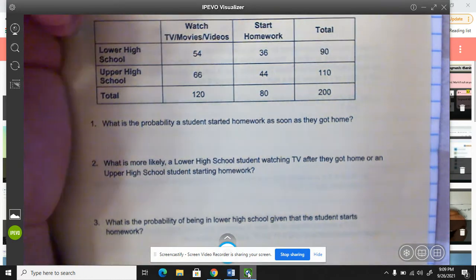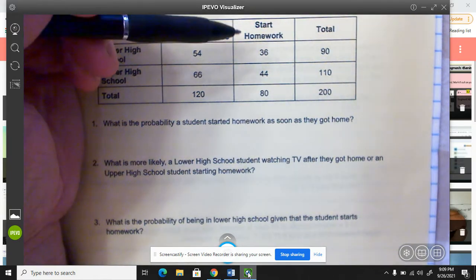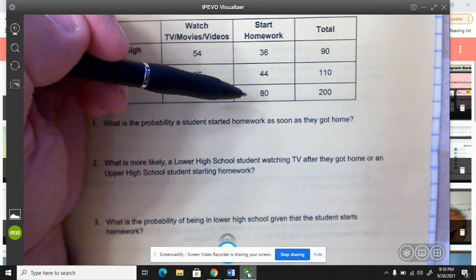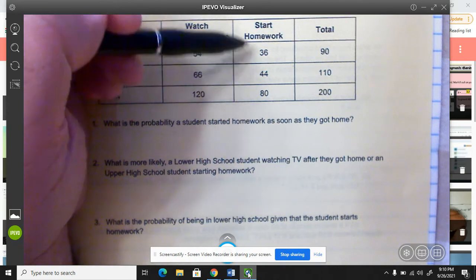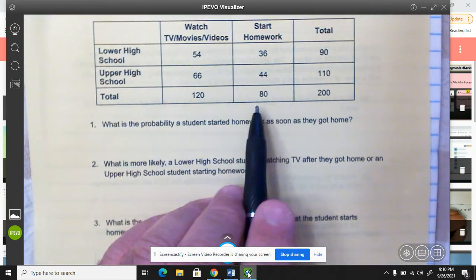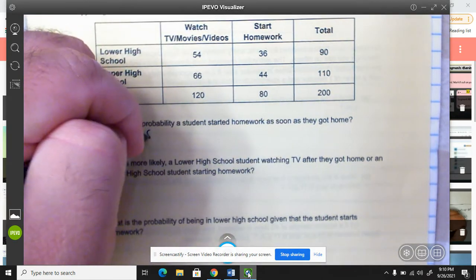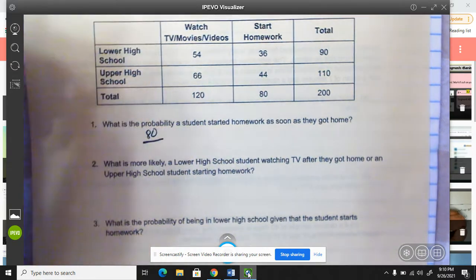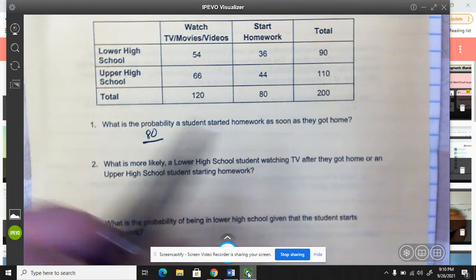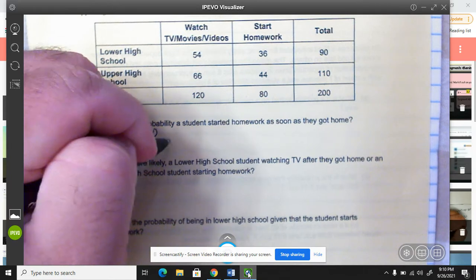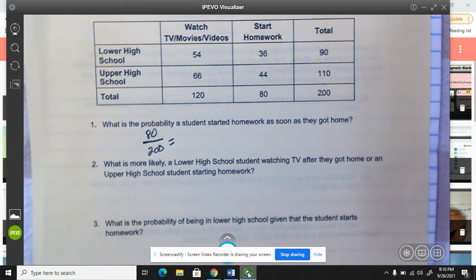So what you're going to want to look at is how many students started homework. You're going to look at this column right here, and the total that started homework was 80 out of a total possible 200. Now, again, we don't really want to keep this. I want to simplify as much as possible. If you have a calculator, that's really easy to do: Alpha y equals, enter.